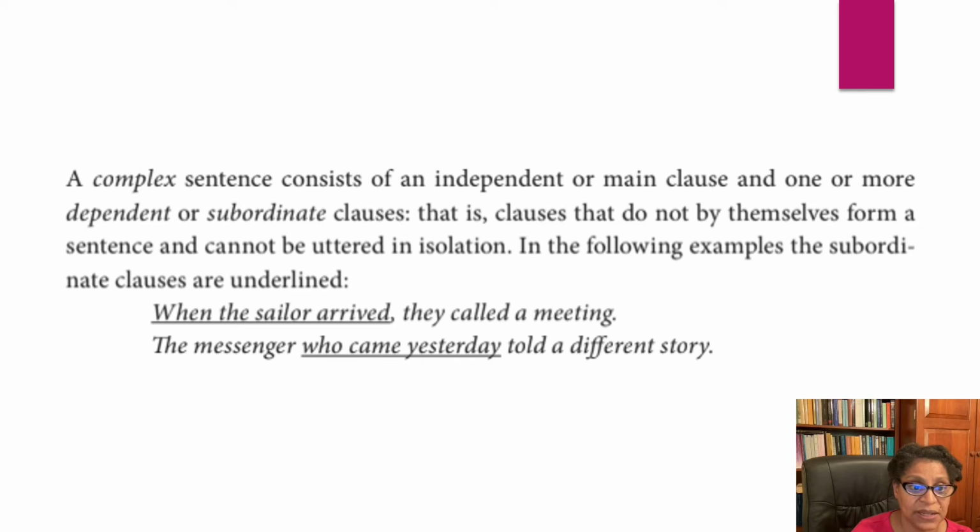So when the sailor arrived, they called a meeting. The messenger who came yesterday told a different story. So this is a relative clause. And you can't just have "who came yesterday" unless it's a question. You can't have that as its own independent sentence in English.